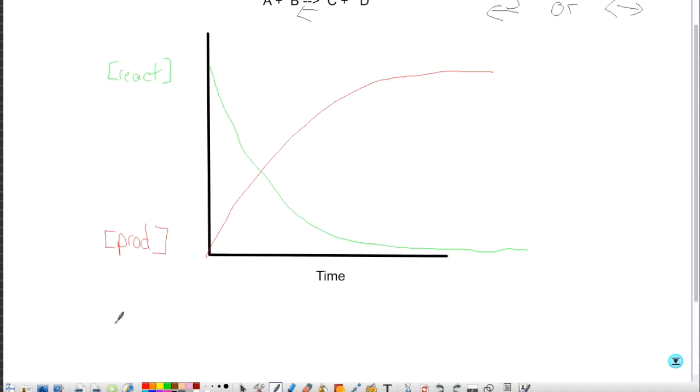We say something along the lines of equilibrium lies to the right, or you might hear favors the right, or favors the products as it's written, something along those lines.